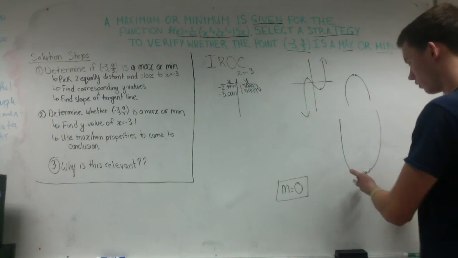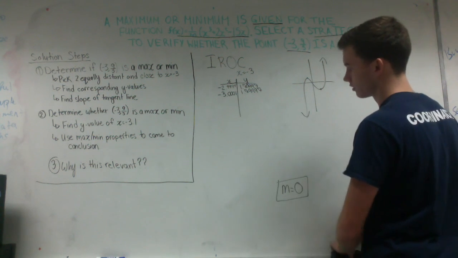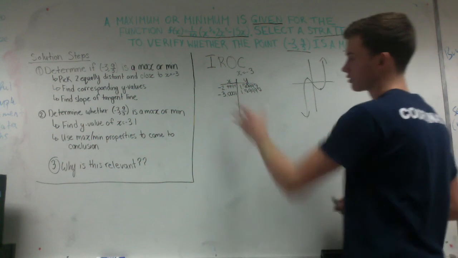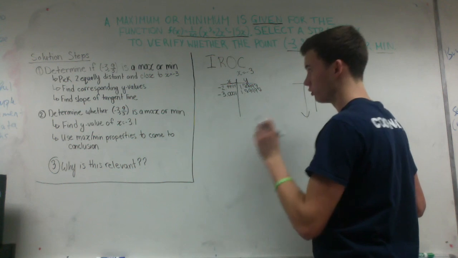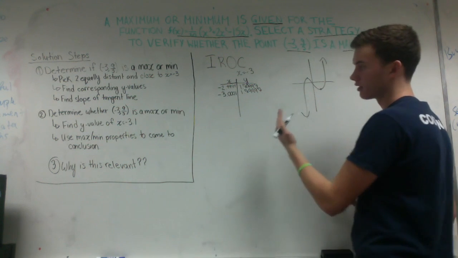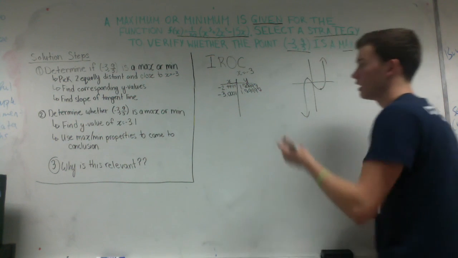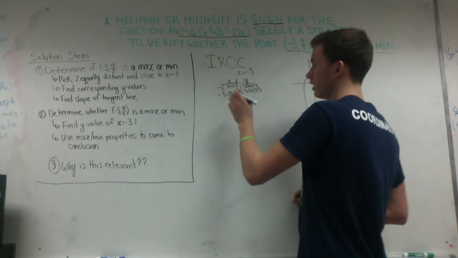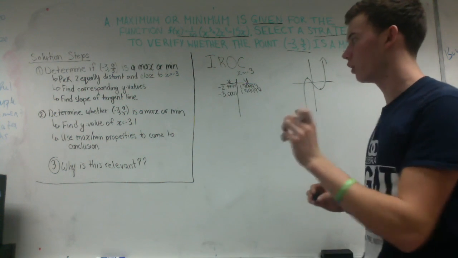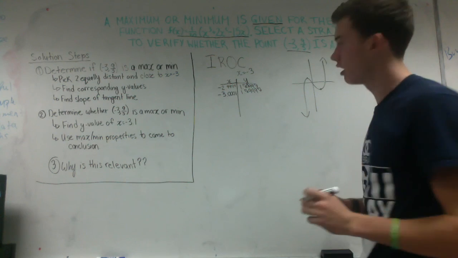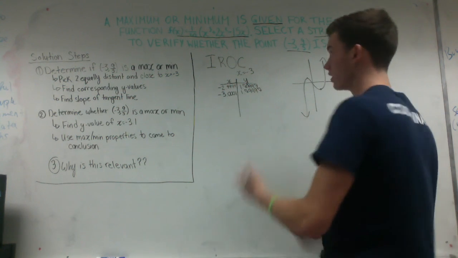So I'm going to look at my points. 0.0001 to the right of negative 3 is negative 2.9999. At that point, we have a y value of 1.79997, which means our y value has begun to decrease.